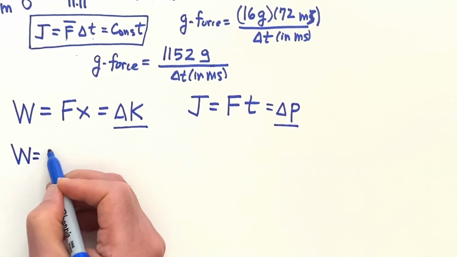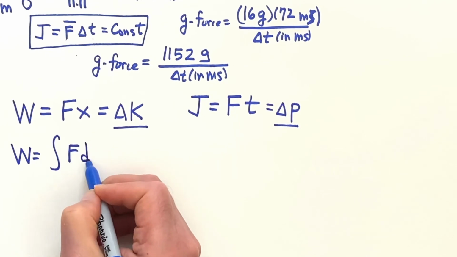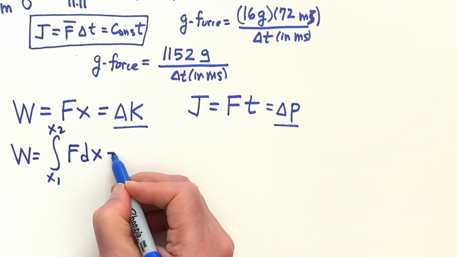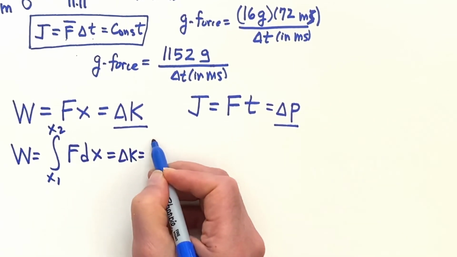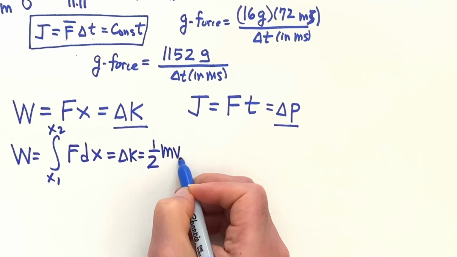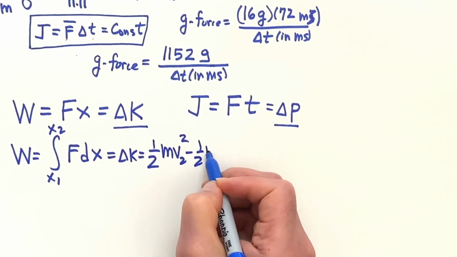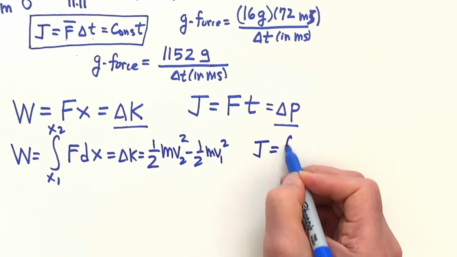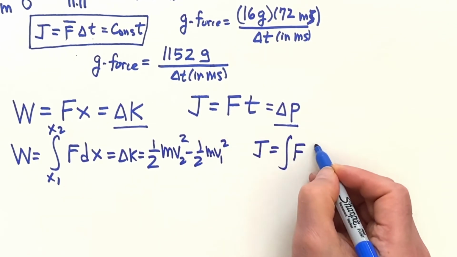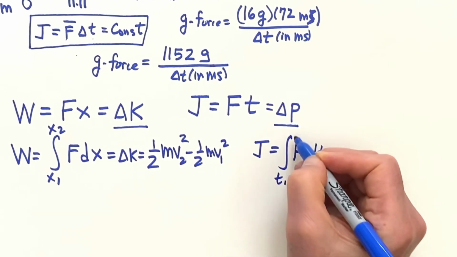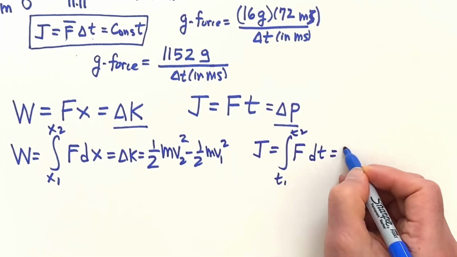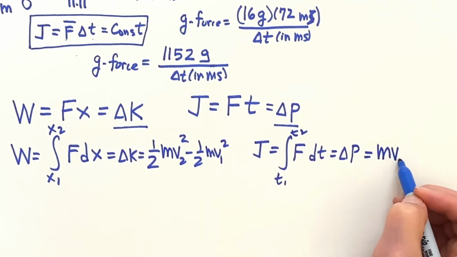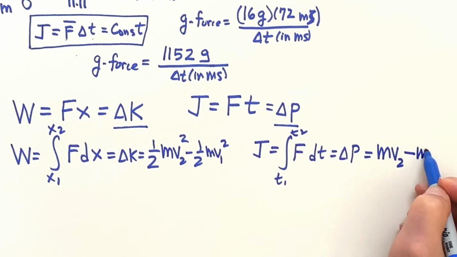The work is given by the integral of F dx from position 1 to position 2, and that's delta K, which is 1/2 m v final squared minus 1/2 m v initial squared. And for the impulse, I have an integral of F with respect to time from t1 to t2, and that's equal to delta P, which is m v final minus m v initial.